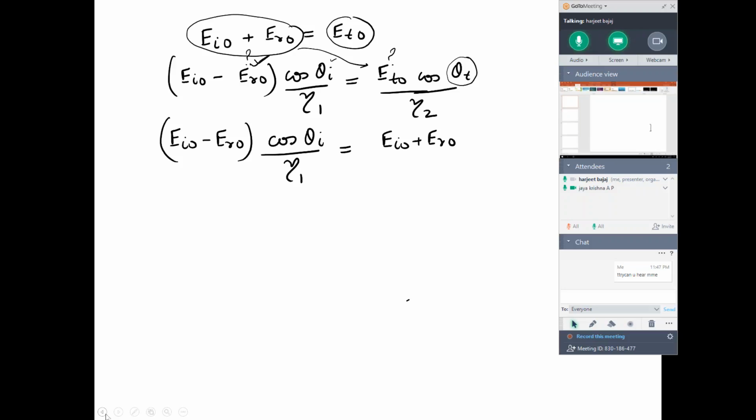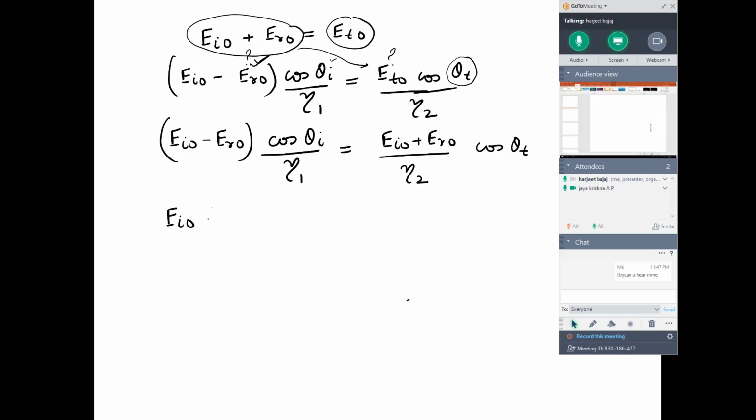Eᵢ₀ plus Eᵣ₀ by η₂ cos θₜ. Arrange the terms around. Bring Eᵢ₀ terms to one side.